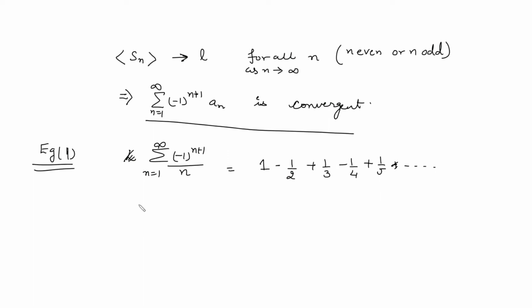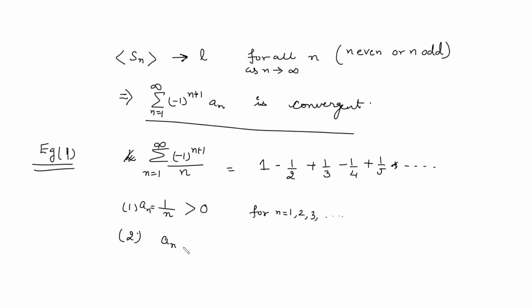So we need to check all the three conditions. If all the three conditions are satisfied, then by the alternating series test the given series is convergent. This is our nth term, clearly strictly greater than 0 for all n varying from 1, 2, 3 and so on. So the first condition is satisfied.